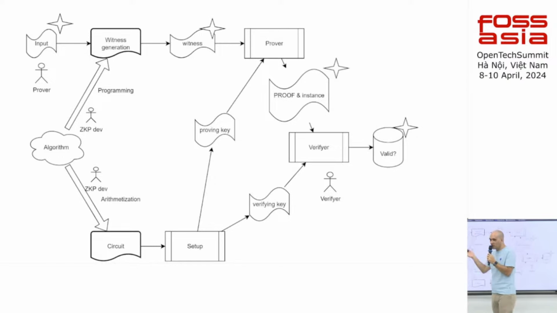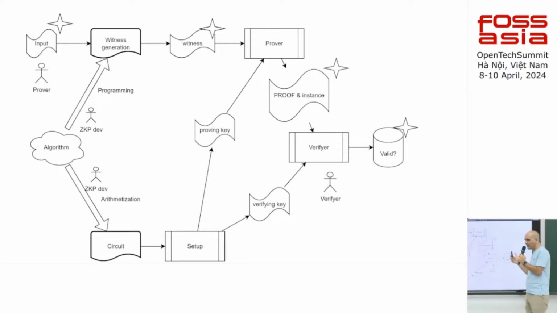So in the case of the Sudoku, the input would be the unsolved Sudoku. The witness generation would generate a solved Sudoku, okay? And then the prover, with the solved Sudoku and the proving key, can generate a proof, with the public part being the unsolved Sudoku. And the verifier, who is another person, can take this proof and be certain that the prover has solved the Sudoku, without receiving more information than what was made public in the protocol.